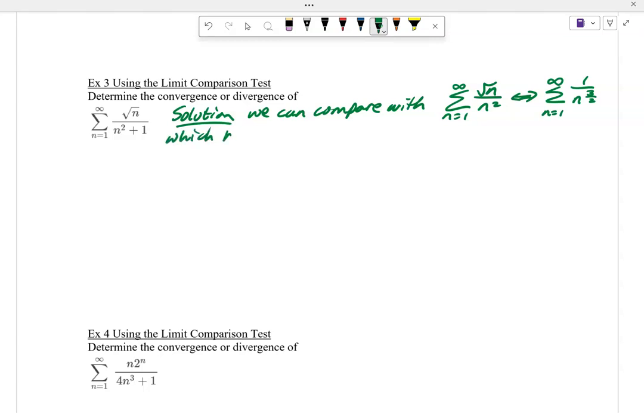By the p-series test, p is 3 halves, so whenever p is bigger than 1, it converges by the p-series. 1 over n to the p, right? Converges by the p-series.